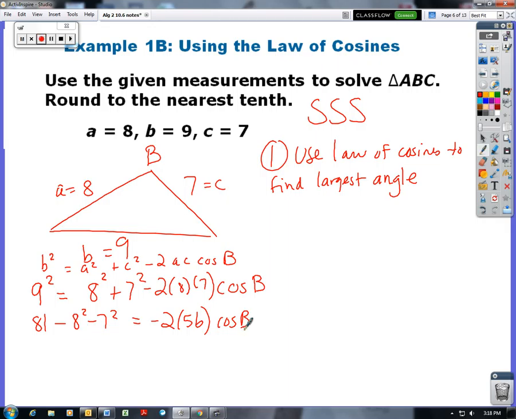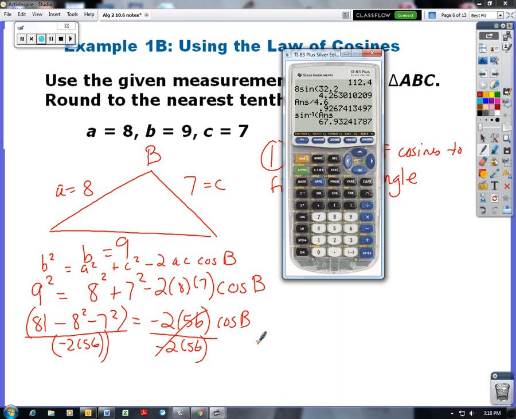Now I can divide both sides by negative 2 times 56. That cancels out. And then I'm going to do this on my calculator. It's really important to do the entire numerator first, and then the tricky thing that gets people is this bottom has to be in parentheses. It'll get you if you're not watching.